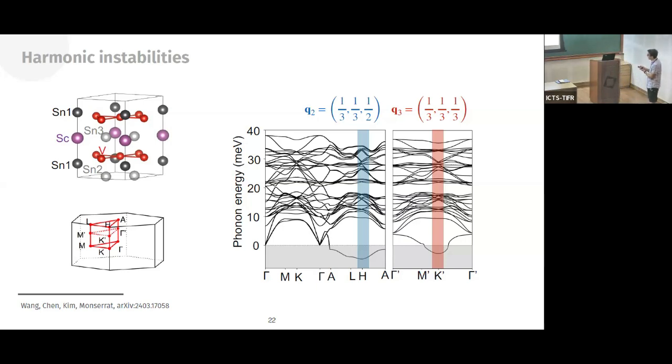And then if you do another loop at this particular wave vector shown by dotted lines here, which corresponds to a kz of 1/3, then you find this k prime point, which corresponds to this Q3 wave vector, that does also appear as unstable in the calculations, but it's the one that dominates experimentally.